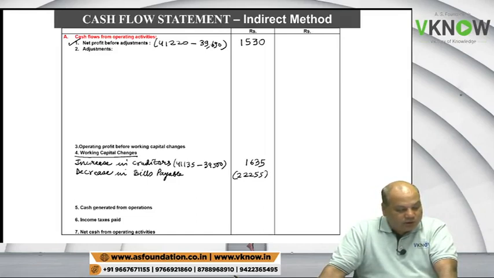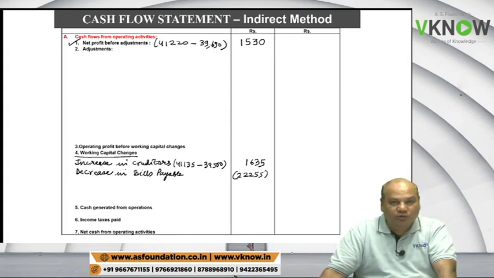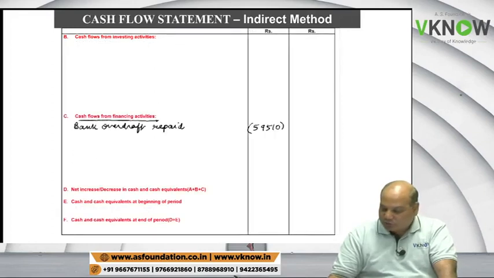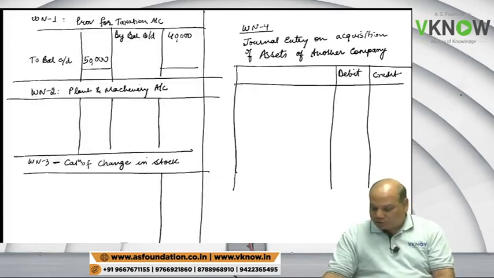Our next line is share capital. But remember, the share capital 2 lakh to 2 lakh 60,000 is not due to issue of share against cash. It is due to issue of shares against asset acquired. So this will not come in cash flow statement. This will come in working note 4 first.